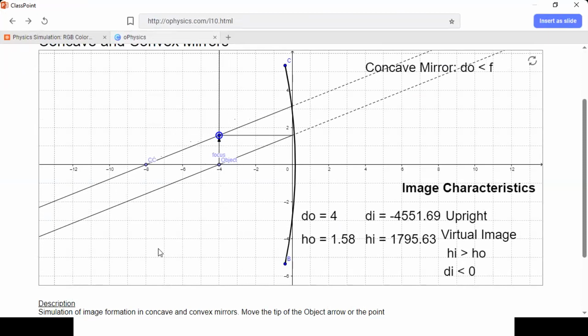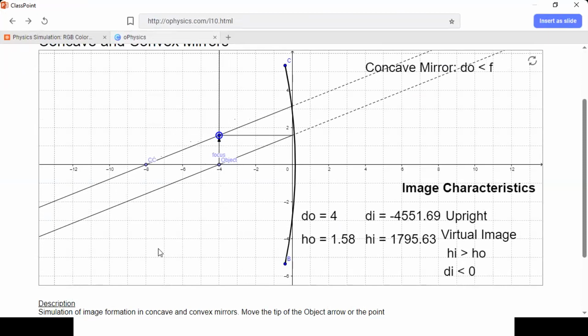Incident light, yes, parallel, the reflected one passes through the focal point. The incident light passing through the center of curvature, and the reflected one is going to be exactly the same. Good. If you see the reflected light, they never reach. Even if you extend the reflected light, they never reach together. Good? So no image is created.